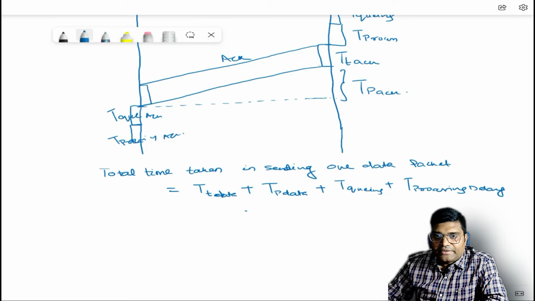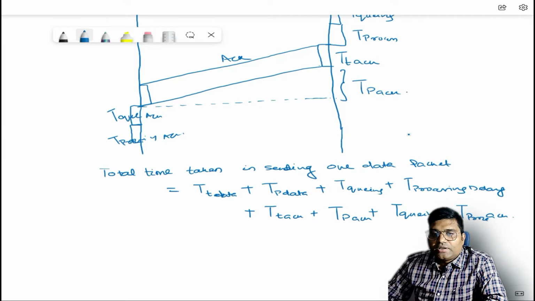And then again the transmission delay of acknowledgement and the propagation delay for acknowledgement, and the queuing delay for acknowledgement plus the processing delay of acknowledgement.